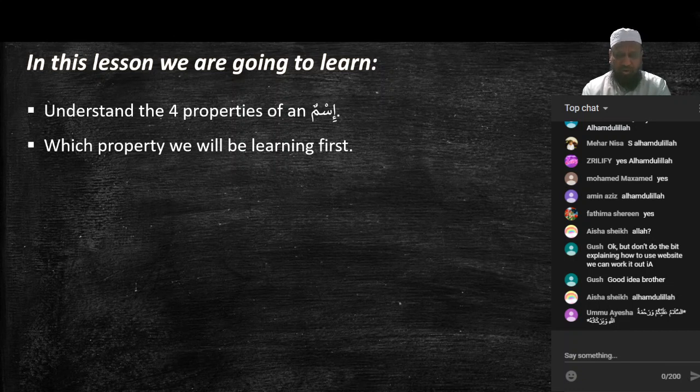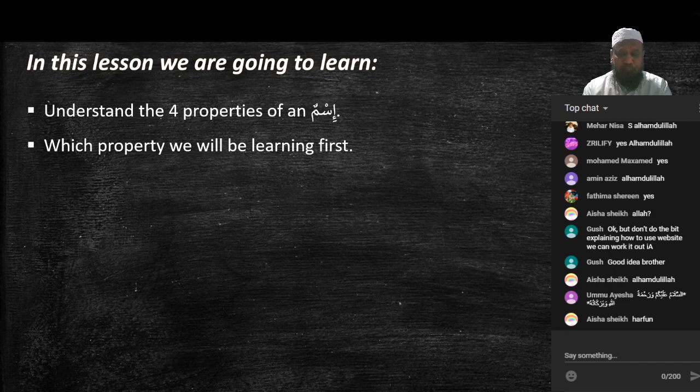Number 2, fi'lun. Fi'l is a verb. It gives the meaning of an action and also gives the meaning of the past tense, present tense, and future tense. Number 3, harfun. Harf is usually a 1 or 2 letter word. It comes with ism and fi'l to give us additional meaning.